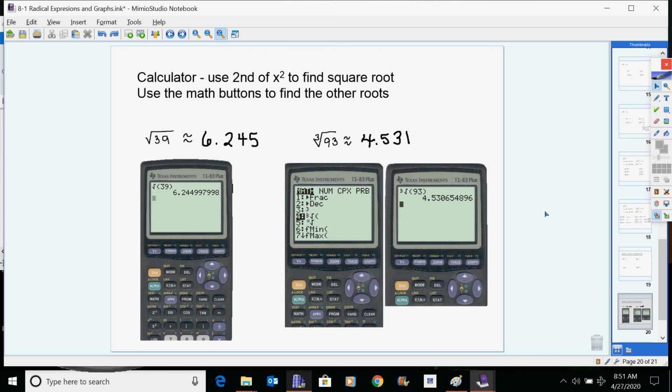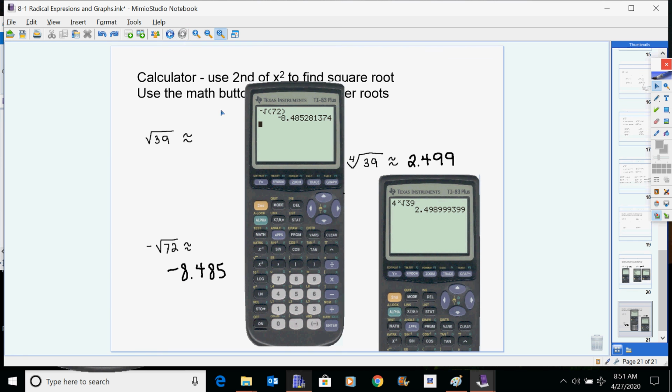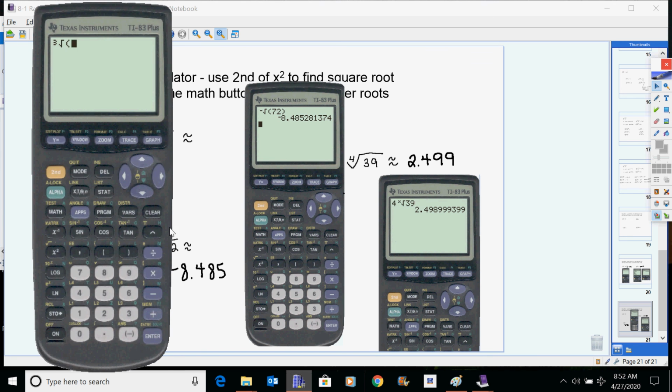All right. We have another thing. We have our square root, our negative square root. You can put a negative in front of the symbol, and that's simple enough. The fourth root one's the one that's a little tricky, though. The fourth root one, you have to use that in your math section. You can change all the roots, but the sequencing is a little odd with the TI-83 plus.